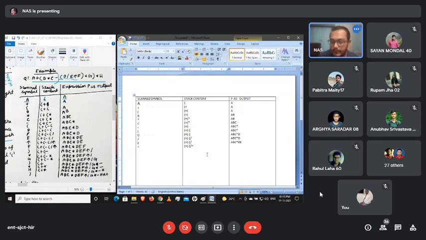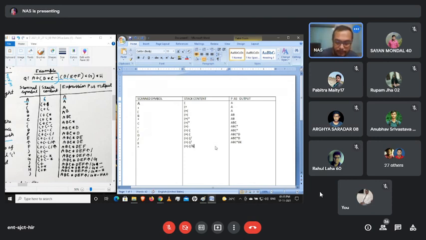But if the condition was like this, then what will happen? Then division will stay here and the higher precedence will go over there. Just remember this: if lower precedence is on the right side and higher precedence on the left side, then the higher precedence will move to the output. But here the condition is different.